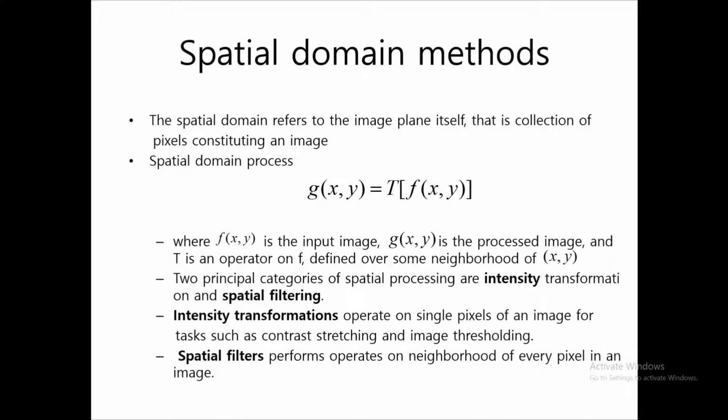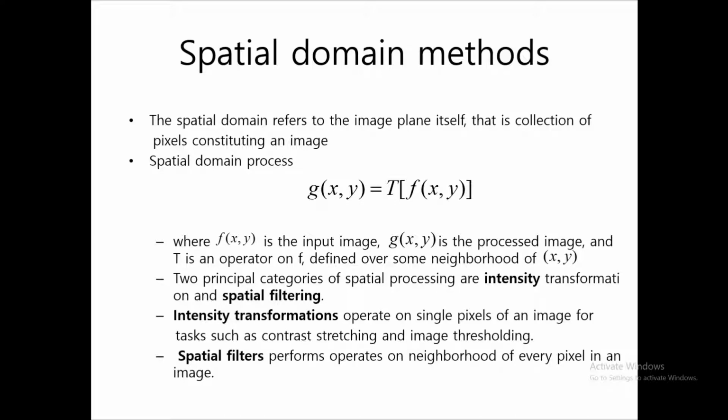As we discussed in our previous lecture, image pixels can be represented as a two-dimensional function f(x,y), where x,y represents the pixel location or pixel coordinate, and f represents the pixel intensity.